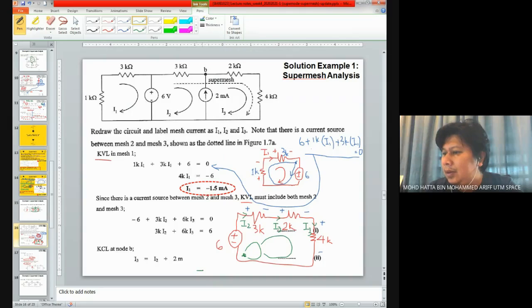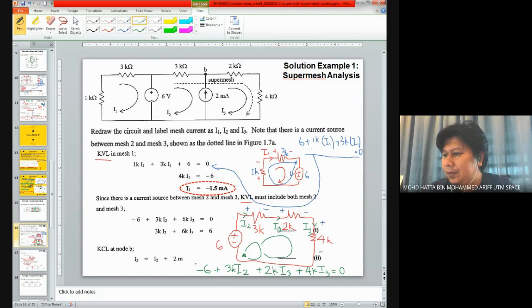I have negative 6 plus 3K I2, plus 2K I3, and plus 4K I3, and finally return back to the original point. I have equals to 0.